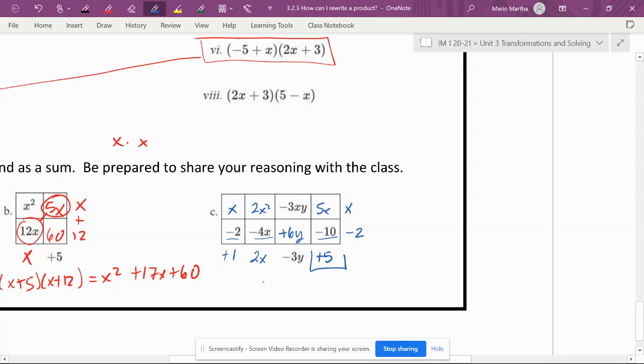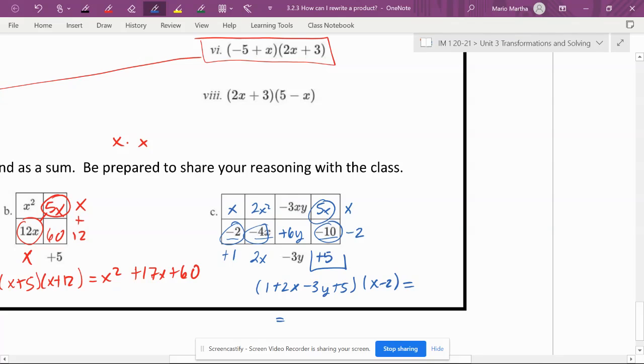And then let's write it as a product, so that will be 1 plus 2x minus 3y plus 5, and then times x minus 2, and that equals pretty much, do we have any like terms? Yes, we do. This is a like term with that one. And then these two are also like terms.